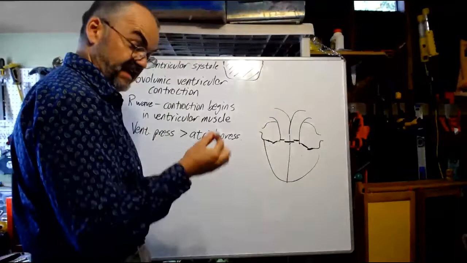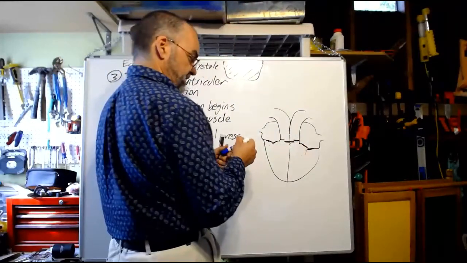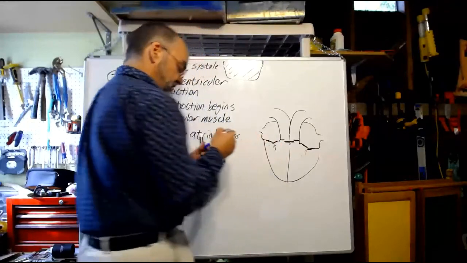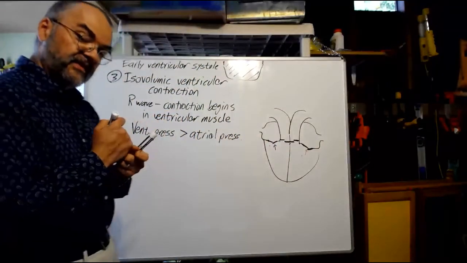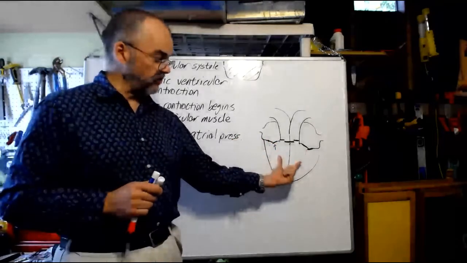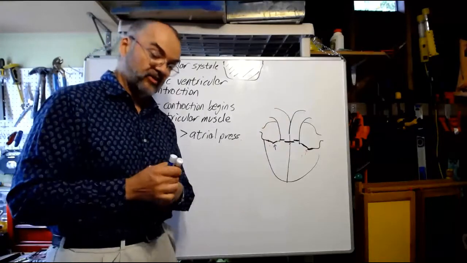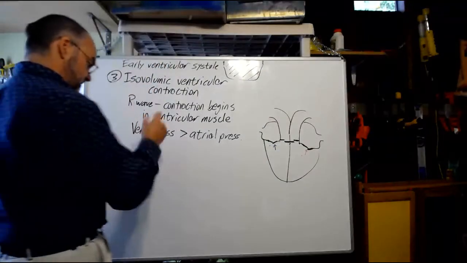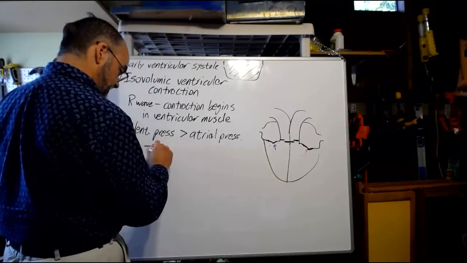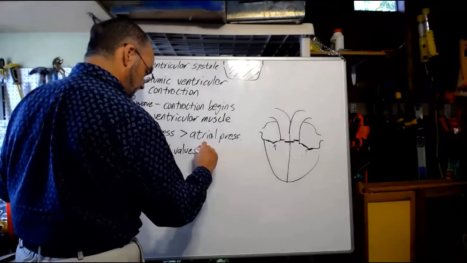So the blood can't go backward at this point. It runs up against the closed valves. However, the ventricles have just started contracting, which means while the pressure in here rises above atrial pressure, it's still lower than arterial pressure. So we'd say this causes the AV valves to shut or to close.